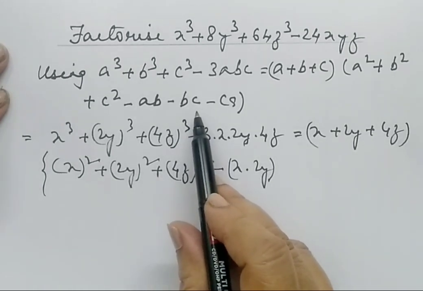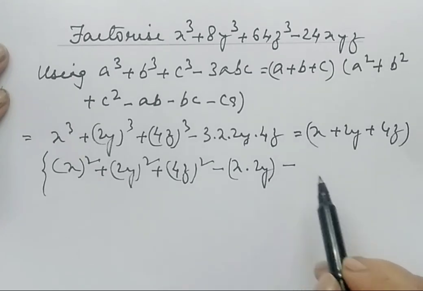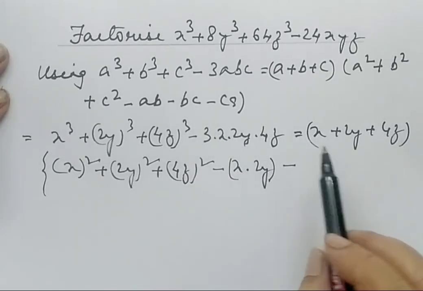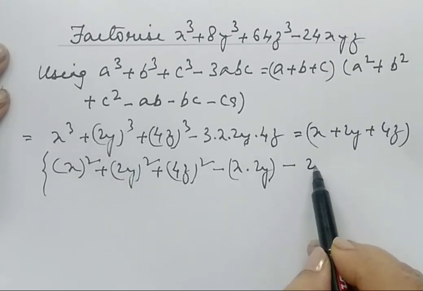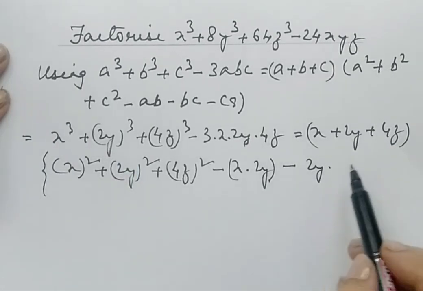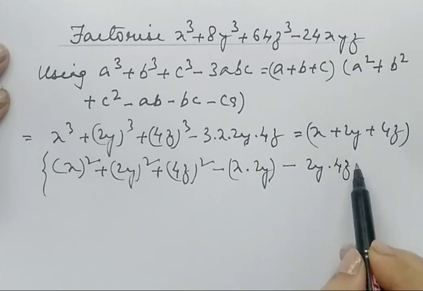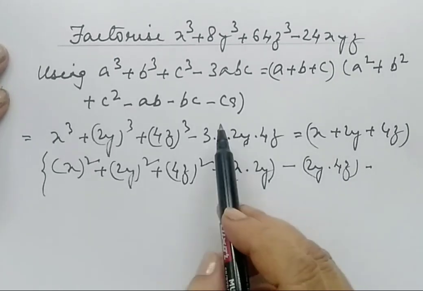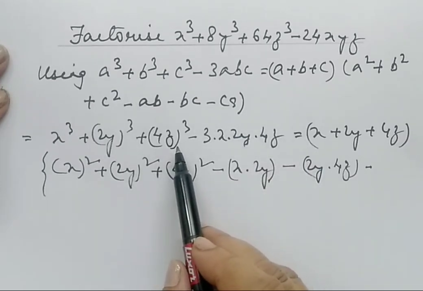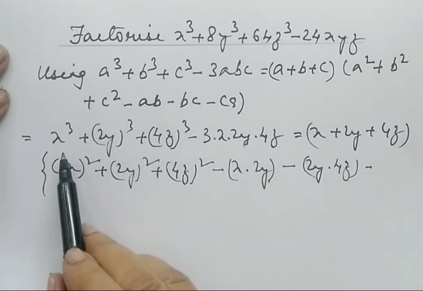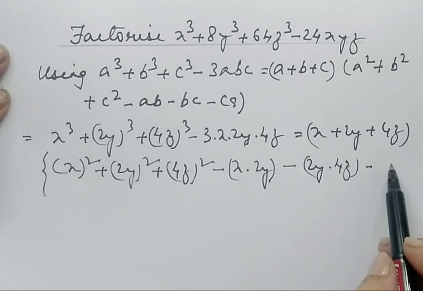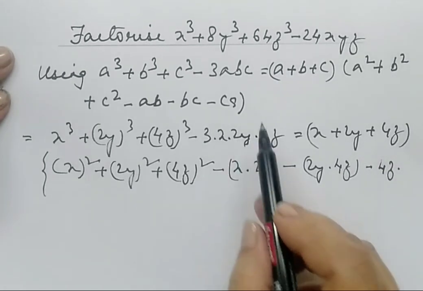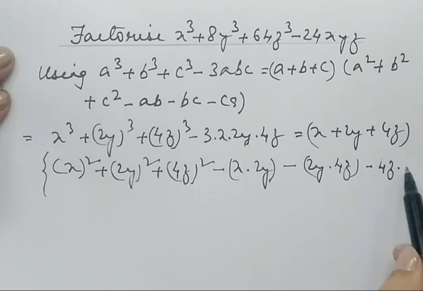Next we have BC, because 2y dot and C is this, correct. And then last one is CA, 4z, okay, and x. So alphabetically, okay, we can write, but first let us settle with this, okay, as per the identity.